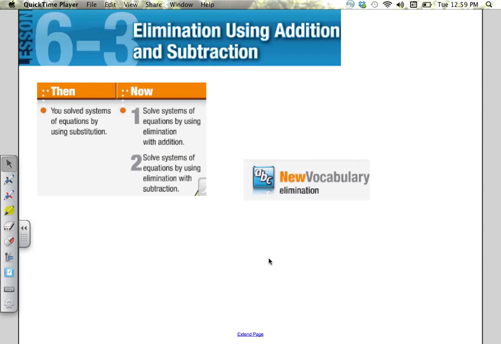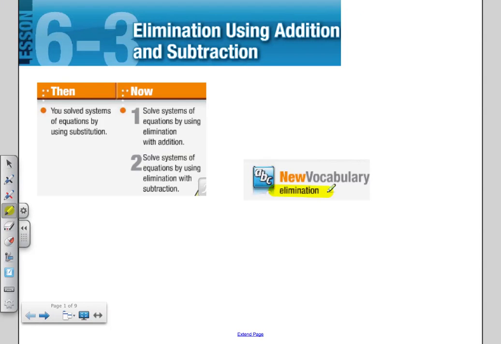Okay, so elimination is your term, and the definition for that term is a method. Let me just read it to you right out of the book. It's the use of addition or subtraction to eliminate one variable and solve a system of equations.